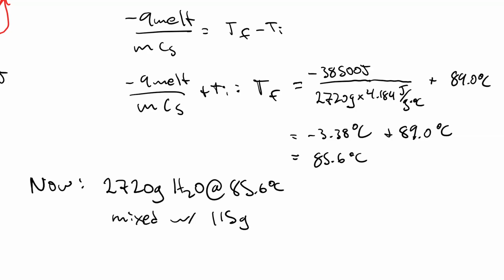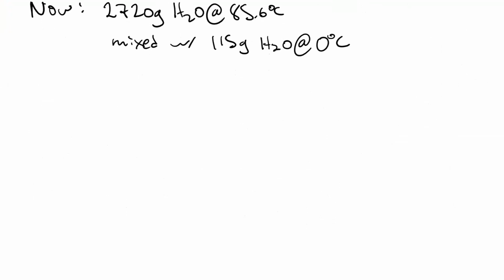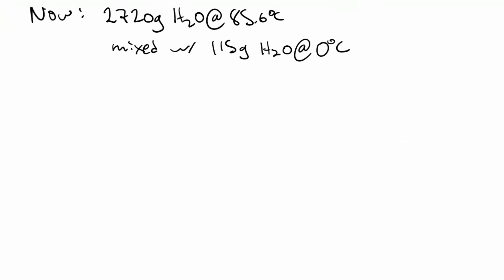So now we have 2,720 grams of water at 85.6 degrees Celsius mixed with 115 grams of water at 0 degrees Celsius. And this is the hard part. Heat's going to flow from the hot water to the cold water until their temperatures equilibrate. So Q that flows out of the hot water, negative Q hot, equals Q that flows into the cold water.